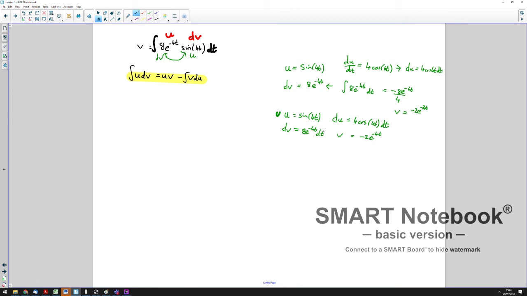That then allows us to differentiate it as well, because if we have the dt there, dv dt is equal to 8 e to the minus 4t, which is why integrating it with respect to time works. Plug this stuff in.